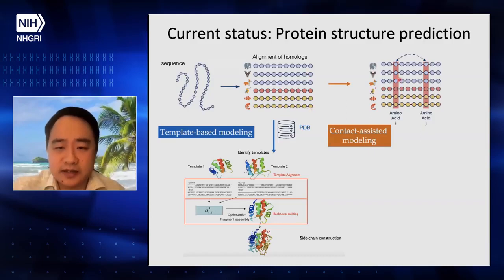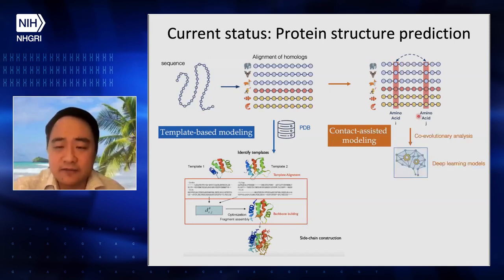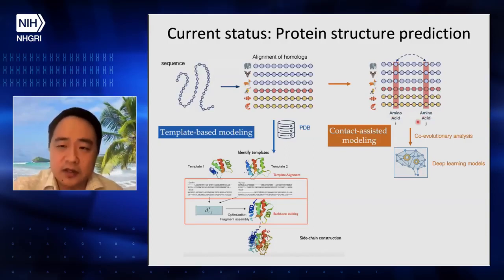We extract something like a correlation between or among these different sites, and we predict whether these two residues, two amino acids, will be spatially close, according to the correlation in the alignment. So this is called co-evolution analysis.